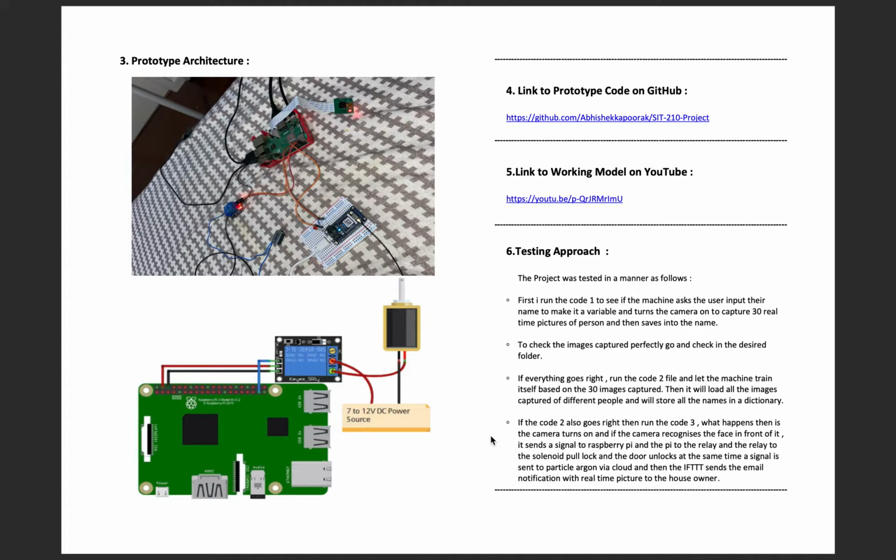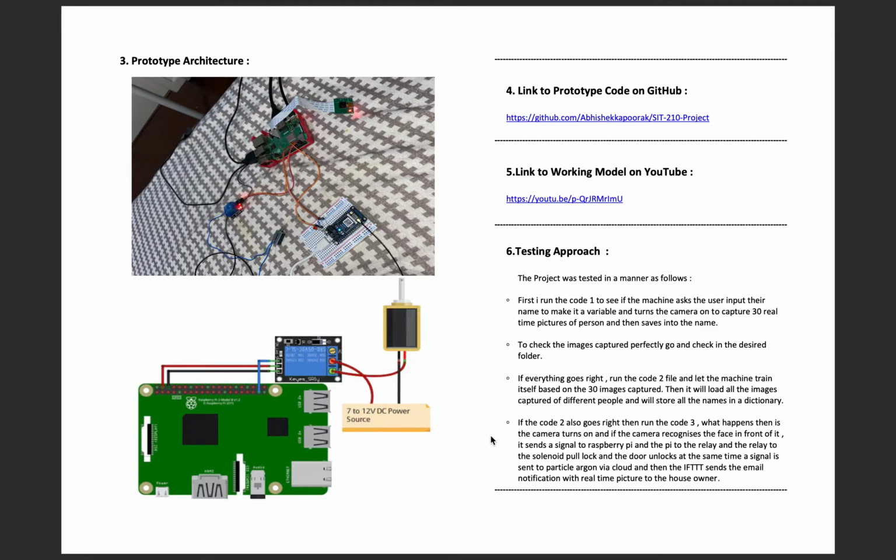So when we run the third code, the camera turns on, we come in front of the camera, and it unlocks. How does it unlock? The Raspberry Pi sends a signal to the relay module and to the Argon particle at the same time.